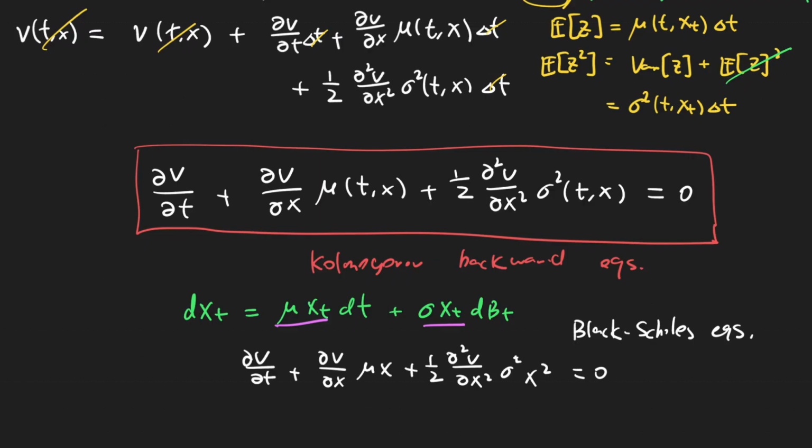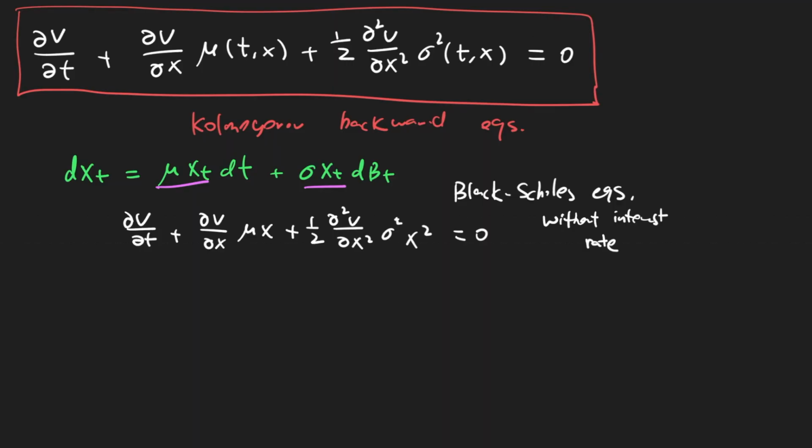So if you compare to the common Black-Scholes equation, this is the one without the interest rate. And for the equation that has the interest rate in it, we're just going to define the function v a little differently. So this is how we define it, right?